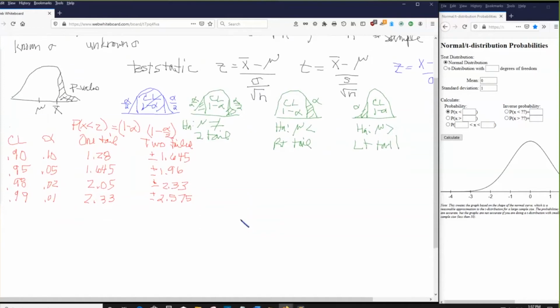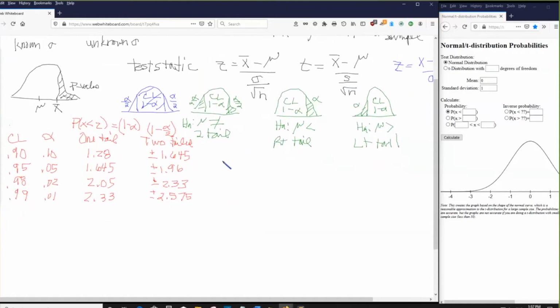So let's do some examples so you can see what these look like. Let's say I have a left-tailed test. Let's say I'm given my null hypothesis is that the mean is less than or equal to 0.43.